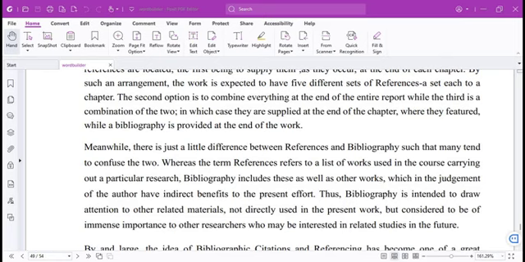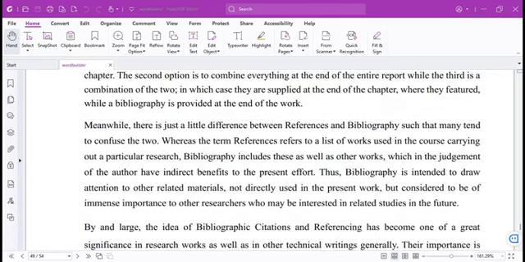Thus, bibliography is intended to draw attention to other related materials, not necessarily the materials that you use, but materials that are also related to your work. Not directly used in the present work, but considered to be of immense importance to other researchers who may be interested in related studies in the future.